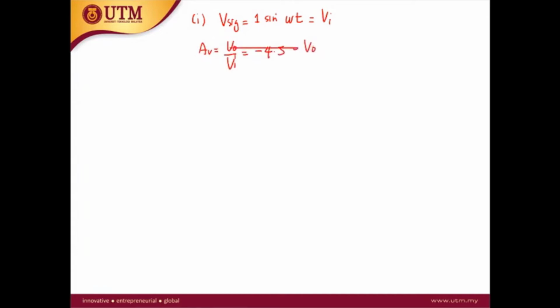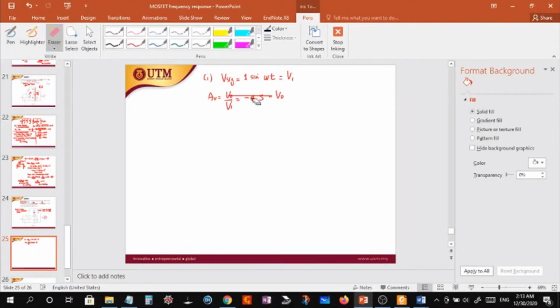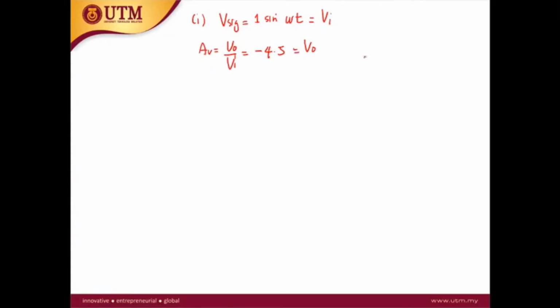So Vout is equal to minus 4.5 times Vin, where Vin is sine omega t. So we get Vout equal to minus 4.5 sine omega t. This is the equation for the Vout waveform.